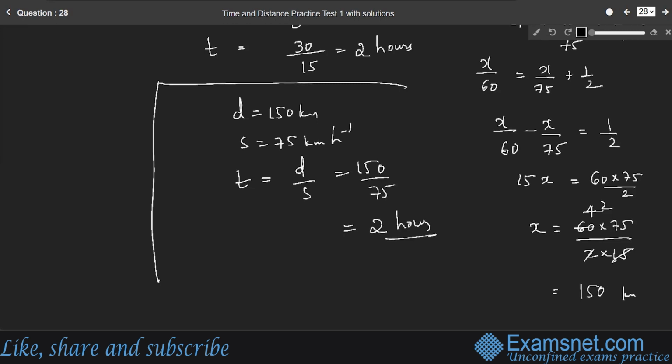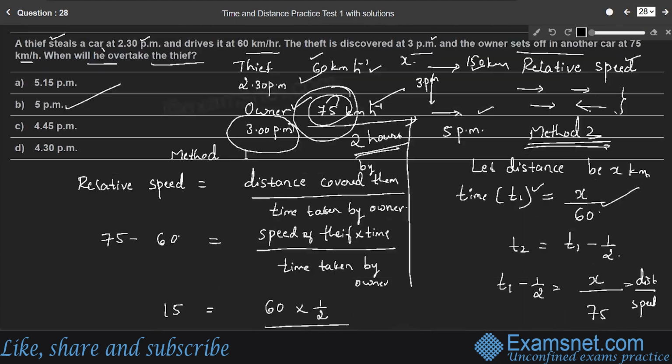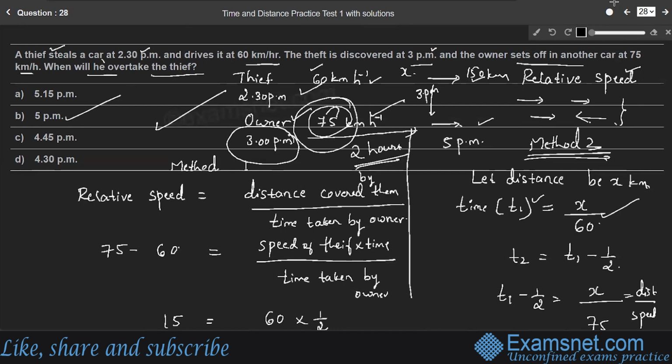So the owner takes 2 hours. He started at 3 p.m., so 3 p.m. plus 2 hours means he will overtake the thief at 5 p.m. Compared to the second method, the first method is very easy considering the relative speed concept. So option B is the right answer.